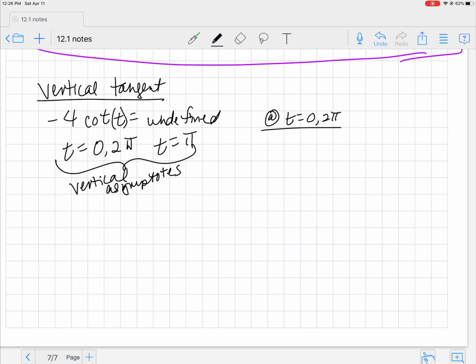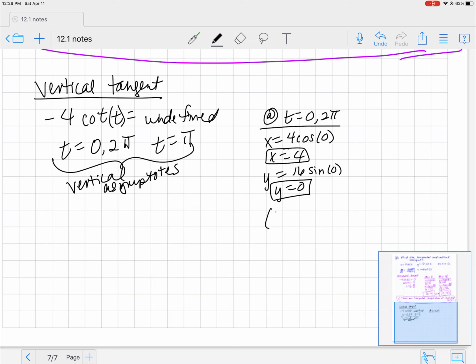Okay. So x is equal to 4 cosine of 0, so x is equal to 4. Y is equal to 16 sine of 0, so y is equal to 0. So I've got the point 4, 0.